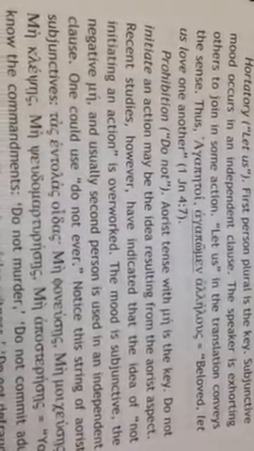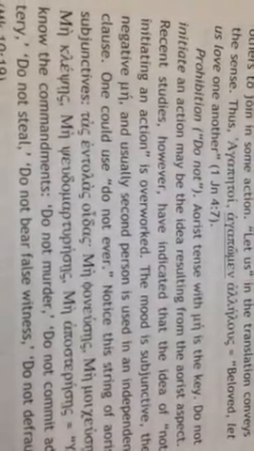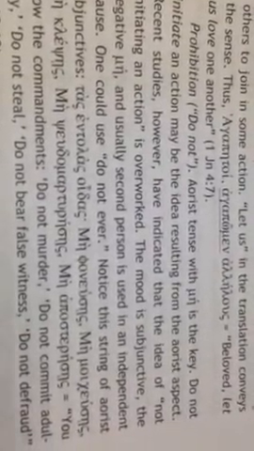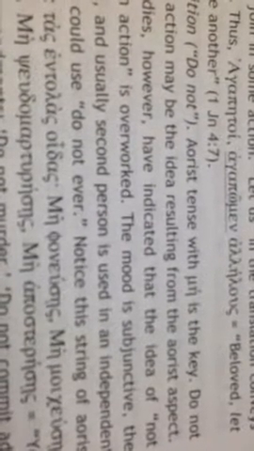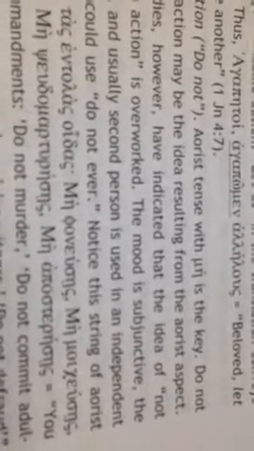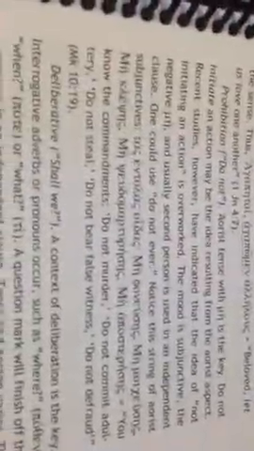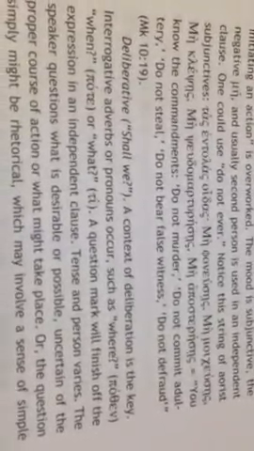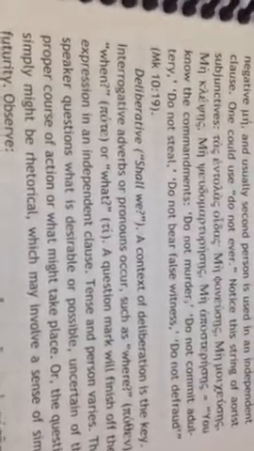Here's a prohibition to not do something, so we expect it to see with a mē. We also expect to see the verb as an aorist, and sure enough, there it is. Mē phoneusēs. So you see it as an aorist, and so again, that works out. Do not murder, do not bear false witness. As a question, shall we? Okay, so you expect words there such as a form of interrogation.